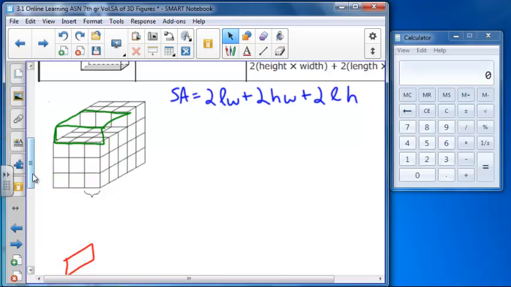Let's assume that it is a regular shape. Let's find the dimensions of the regular shape, and then we will figure out what parts to remove to get the surface area of this irregular shape.